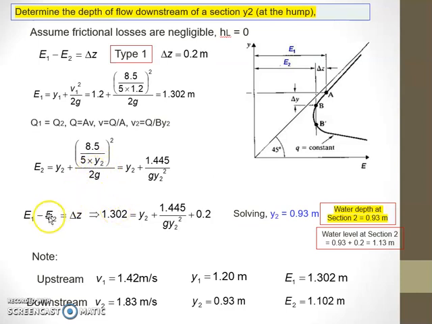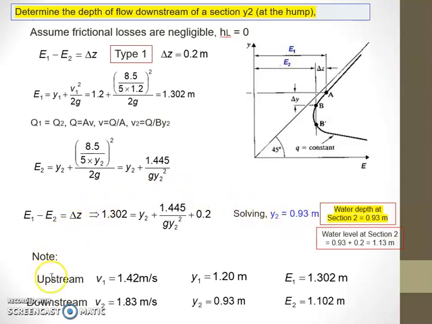If you rearrange your equation, E1 minus E2 is equal to delta Z, 1.302 represents your E1, with E2 in terms of Y2, and this is your delta Z. You may use your calculator to solve directly. The flow depth at location 2 is 0.93 meter.